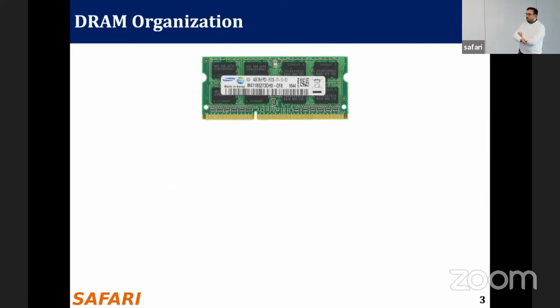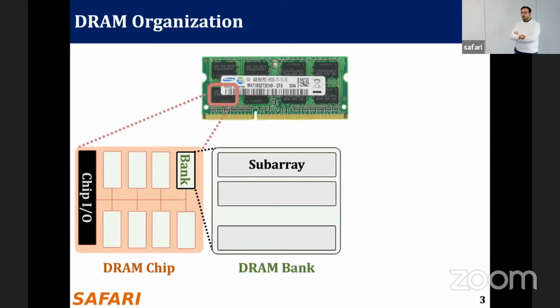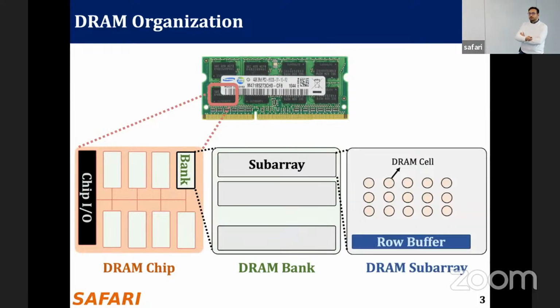This is another picture of a DRAM module, where multiple DRAM chips work in lockstep. Within each chip, we have multiple banks, and each bank has multiple subarrays. Within each subarray, we organize DRAM cells as a two-dimensional array of rows and columns, internally accessed at DRAM row granularity.